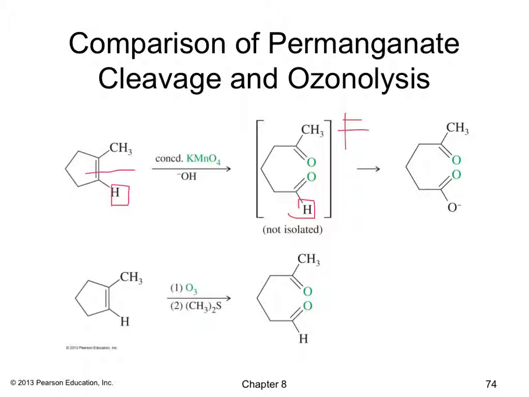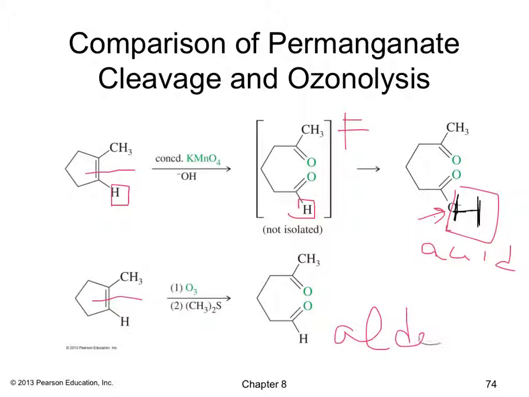This shouldn't be O minus, it should be OH. So I'm correcting it for you on the slides. In front of that H, you're going to have that oxygen being added, so you generate the acid. In the case of ozonolysis, you're doing the same thing, a cleavage, but it'll just remain as the aldehyde, not over-oxidizing. Okay.